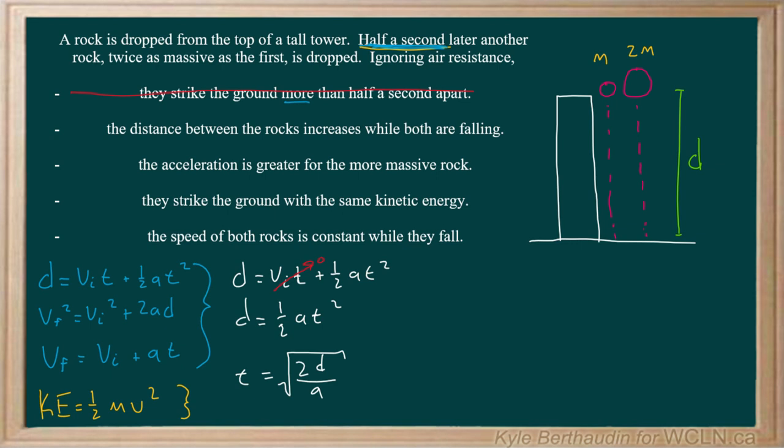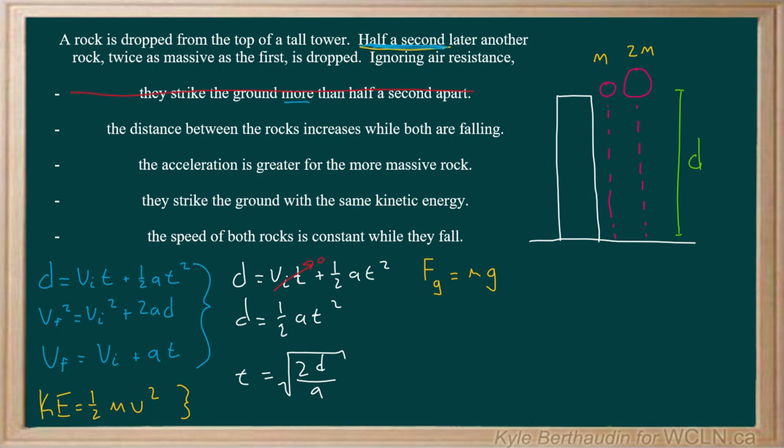Let's look at the third statement now. The acceleration is greater for the more massive rock. Well, that's just not true. We can look at multiple equations to explore this question. We could look at just the force due to gravity, which is mass times gravitational acceleration, g.